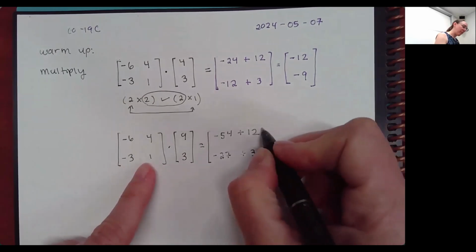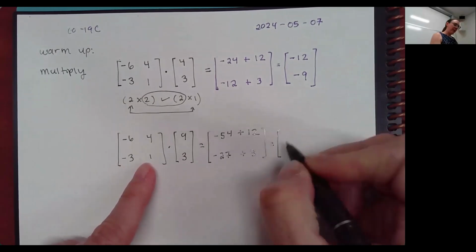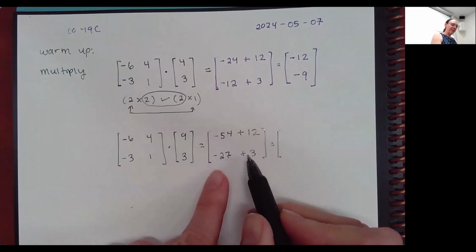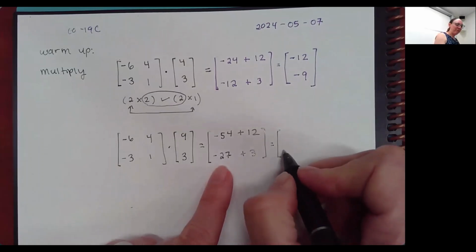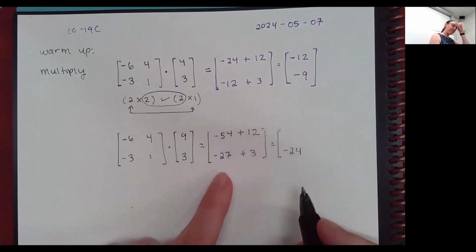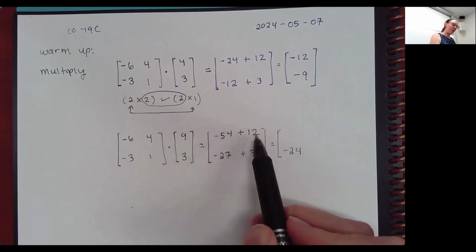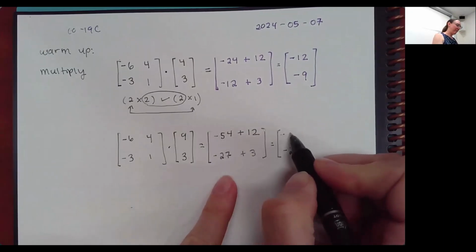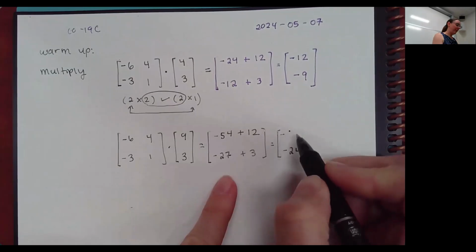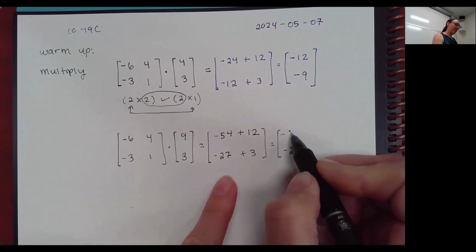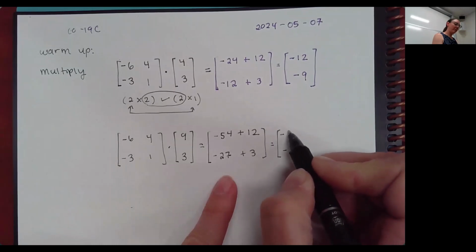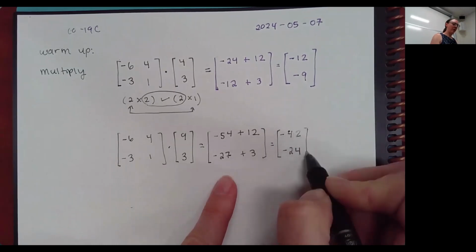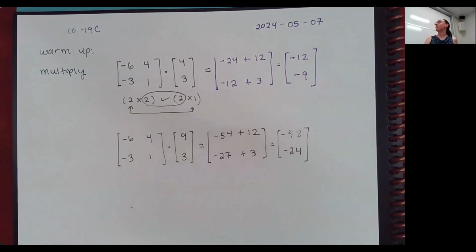So if I clean that up over here, -27 plus 3 sounds like I'm at -24. And -54 plus 12 sounds like I'm at -48. No, -42. Thank you. See, I told you I needed you to help me not mess up this morning. Okay.